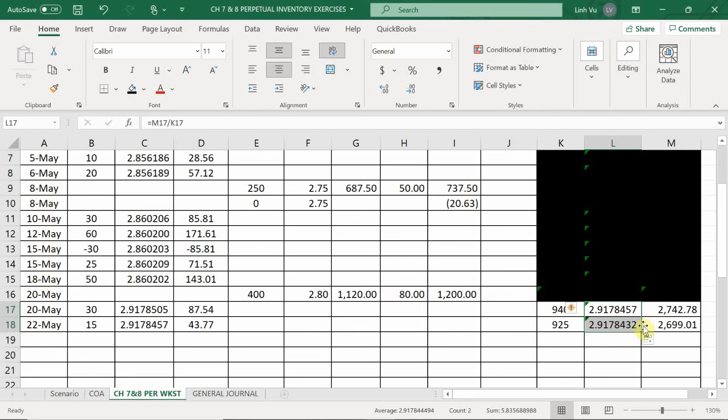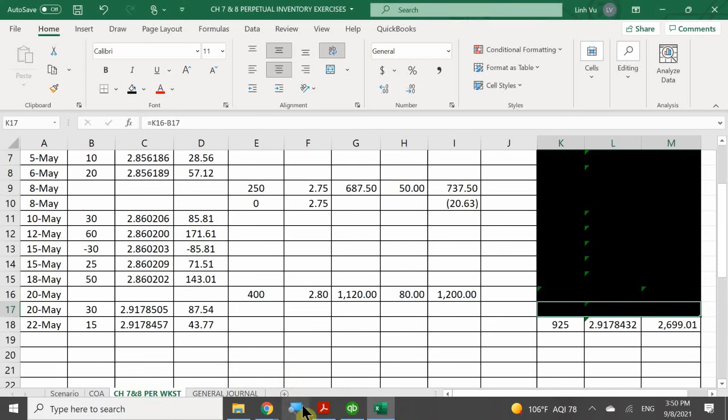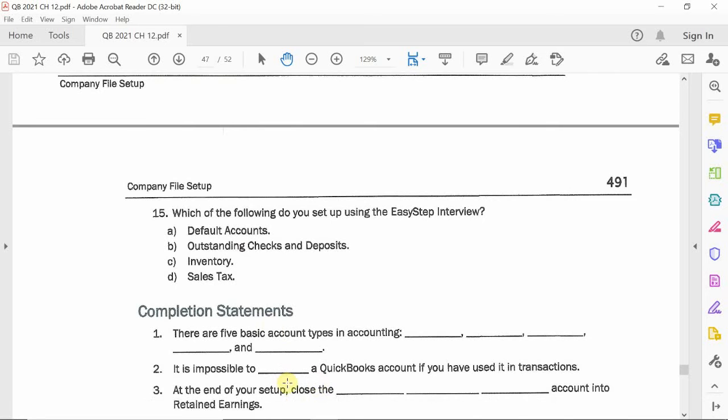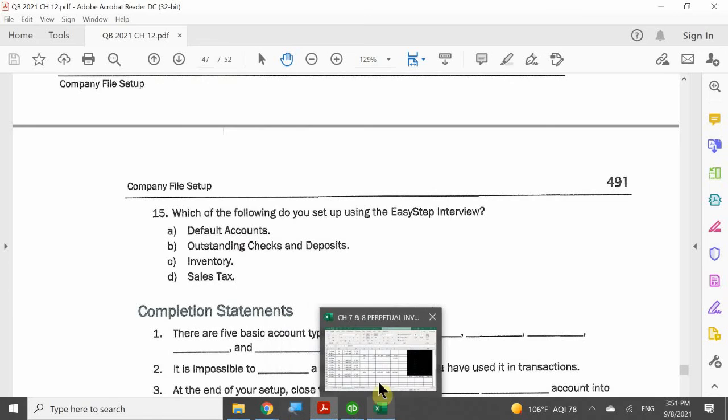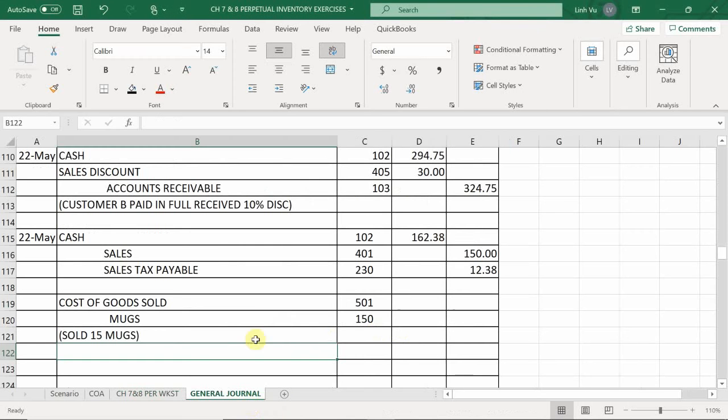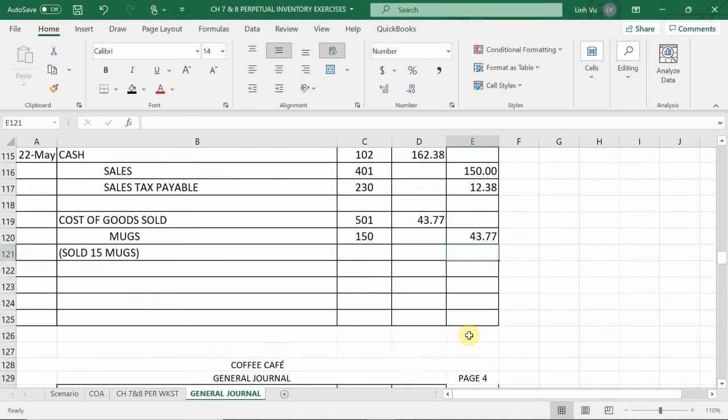Okay. We solved for the cost of goods sold, which was $43.77, for selling 15 mugs.